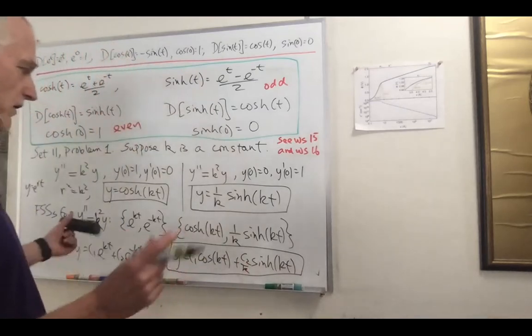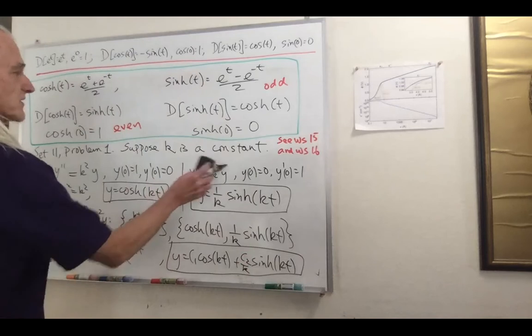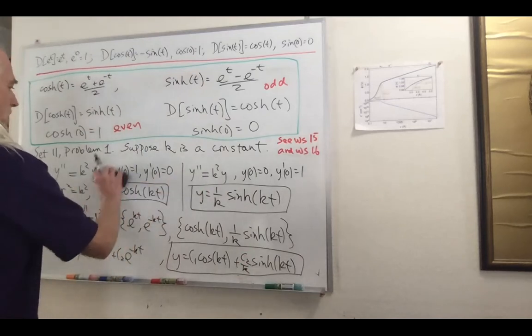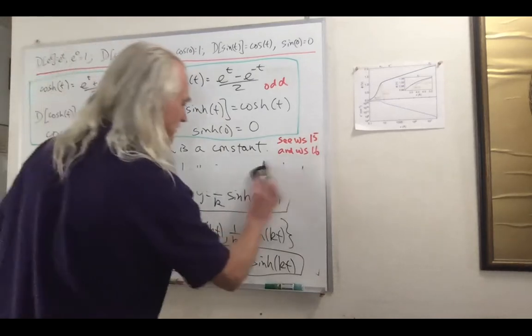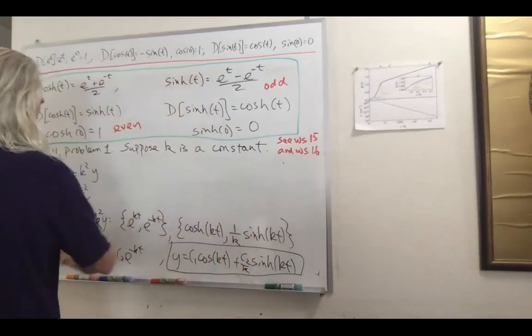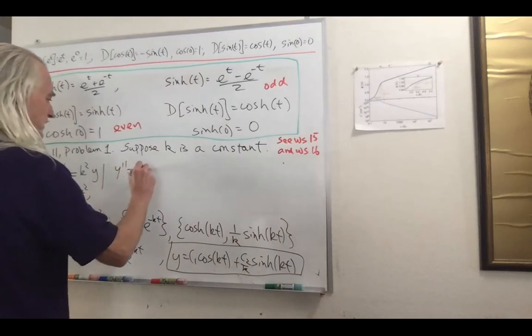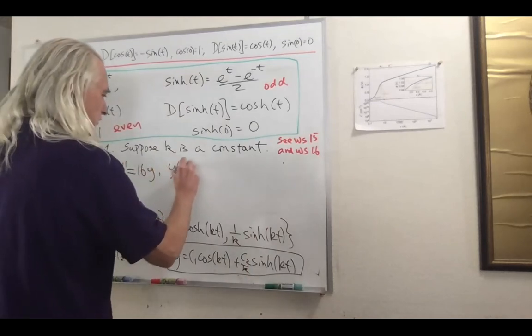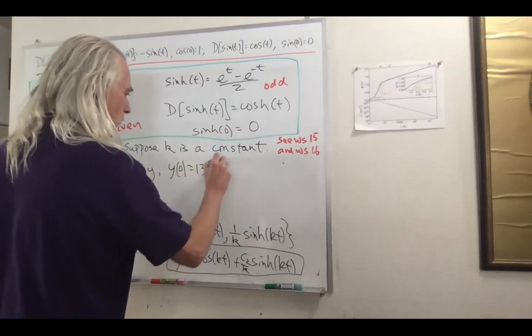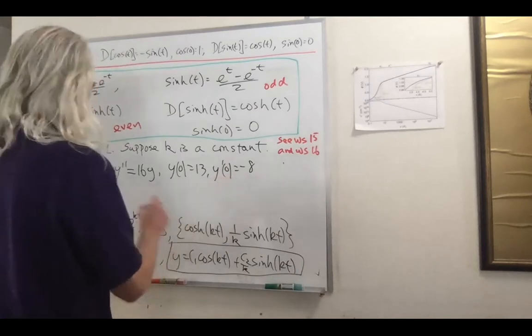Right? Cool. So in other words, I can solve things like, suppose I have an initial value problem, let's be really specific. Suppose I have y double prime equals 16y, and y of 0 is 13, y prime of 0 is negative 8. All right, why not? So what is that?